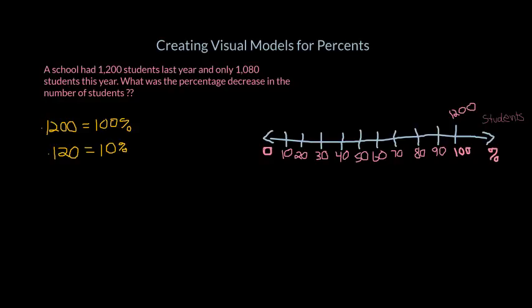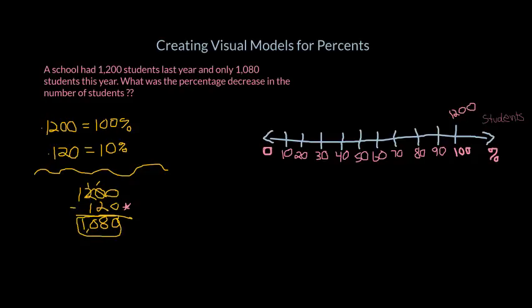But this year we only have 1,080. So let's subtract 120 from 1,200 and see where that brings us, just to see how low we've gotten out of just 10% of the 100%. So this gives us 1,080, which is the amount of students that we have this year.